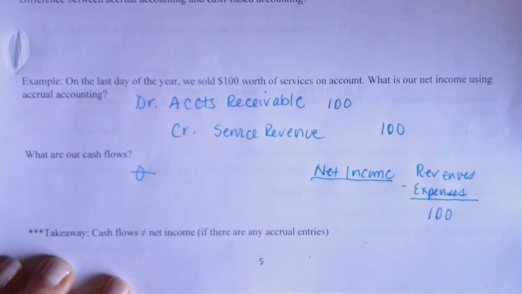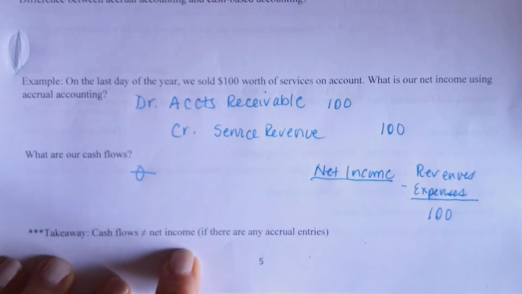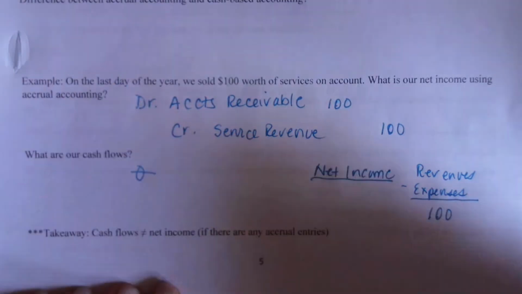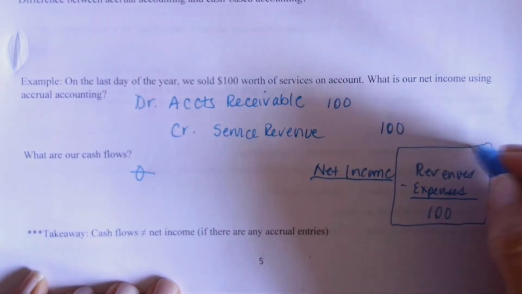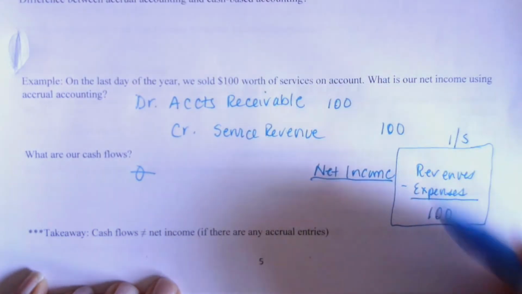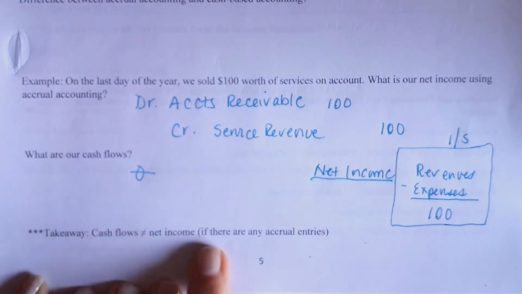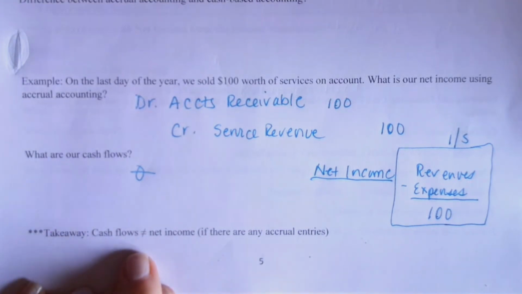So what I'm trying to get at here is that cash flows are not the same as net income. They're 2 different things for any company that has any kind of accrual entries, which is most companies. What statement would we find revenues minus expenses on? The income statement, good. So we're going to use the income statement to get to cash flows, but we're going to have to make some adjustments because net income is not the same as cash flows.